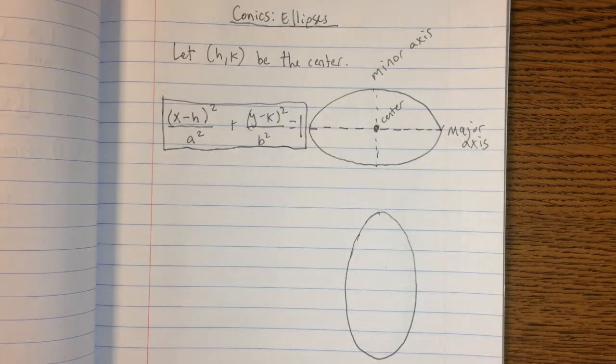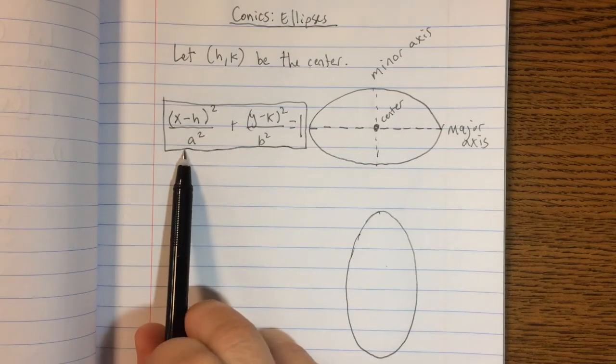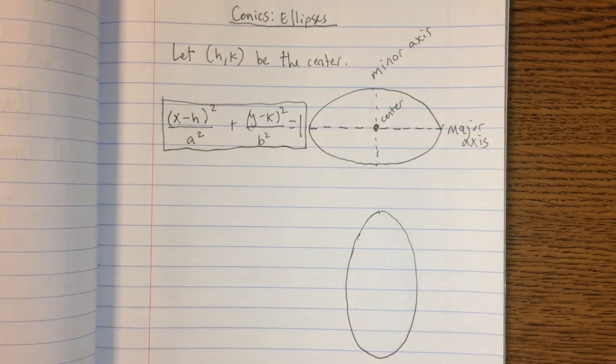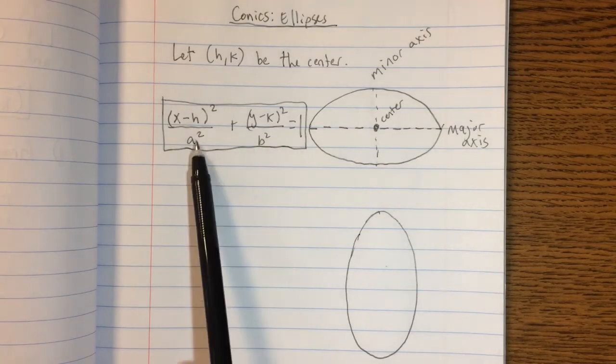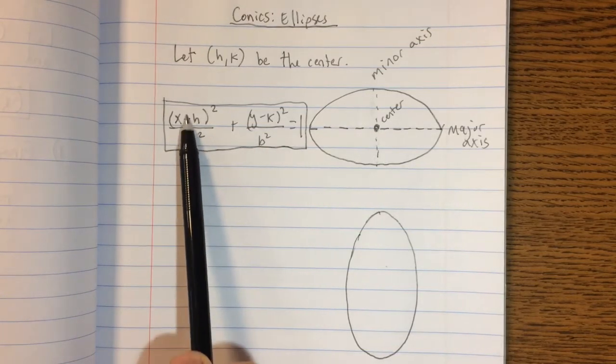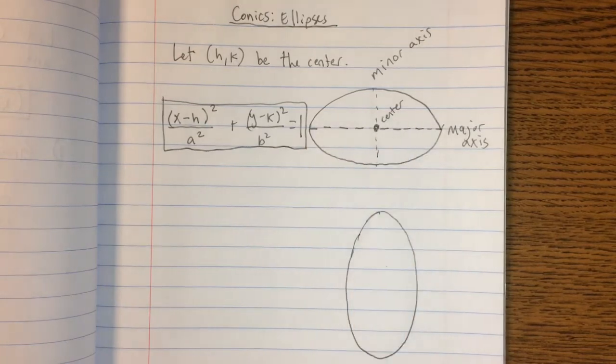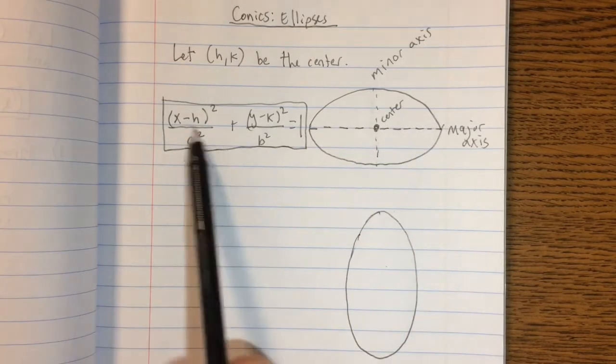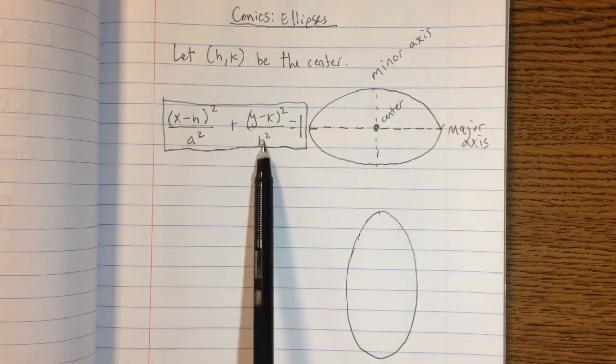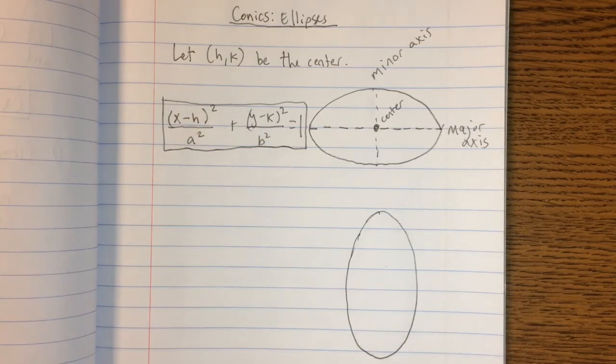Now, for the ellipse, this a parameter is always going to be the bigger number. Okay? So whatever number is bigger, if it's underneath the x, then the horizontal axis will be larger. But if the larger denominator is underneath the y, then your vertical axis will be bigger.